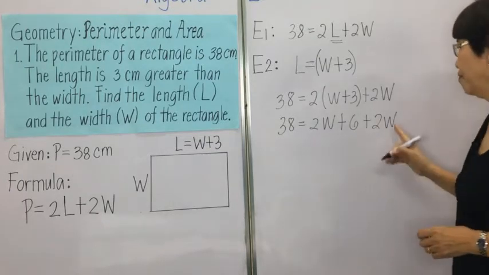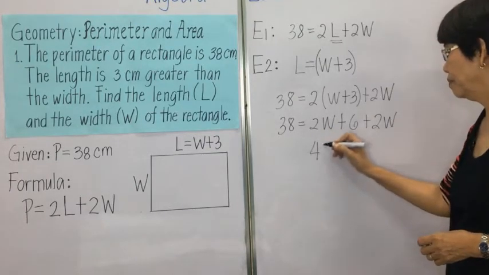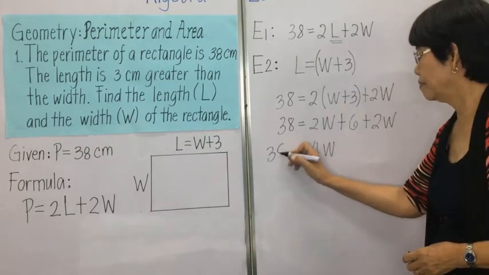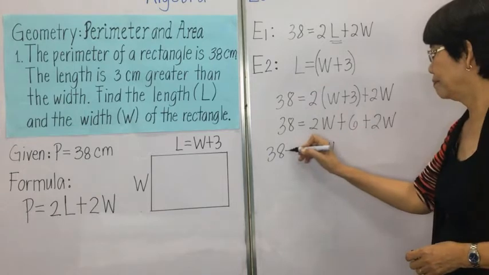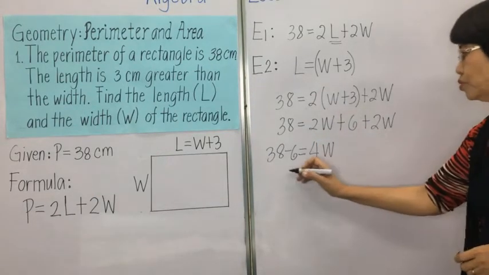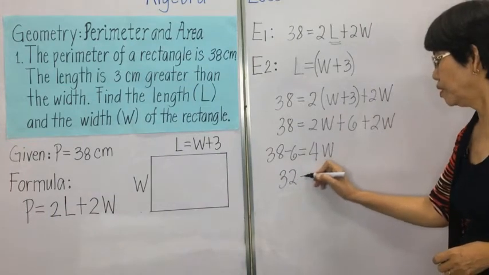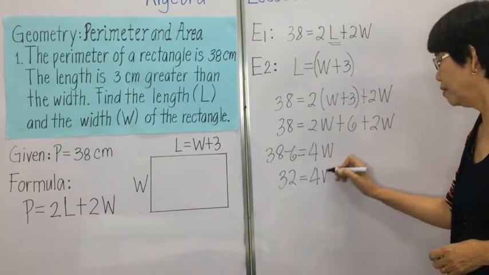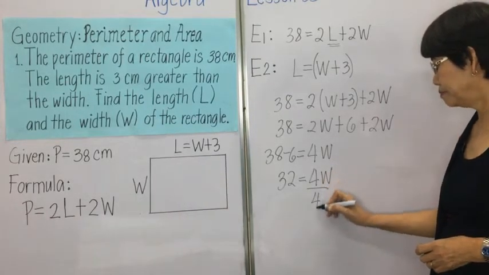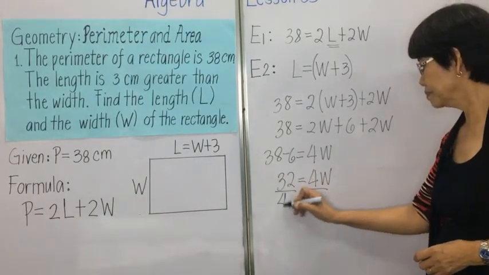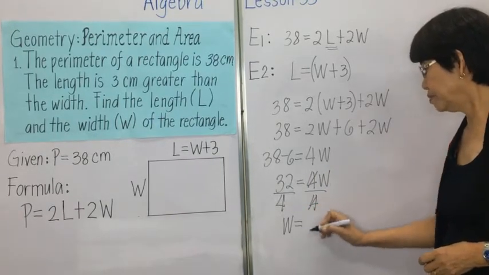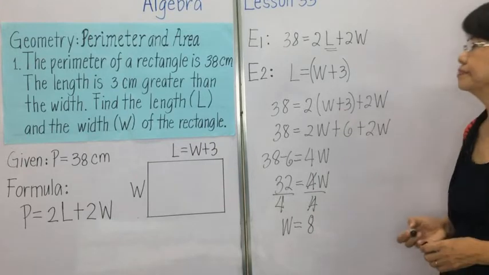So we have 4W. Then 38 minus 6, so we have 32 equals 4W, and divide both sides by 4. We have W equals 8.